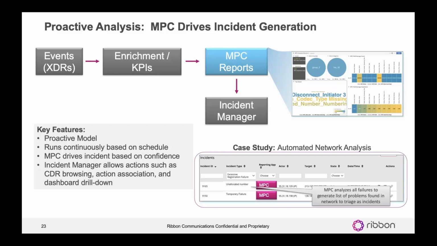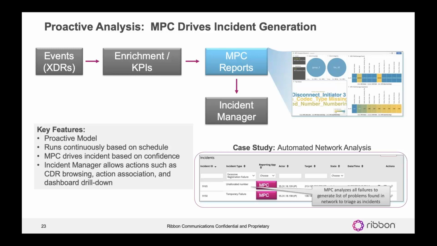Another case study that we reviewed, and we've done this a number of times, is where we've analyzed the network in just that way. If you think about call invites or being able to establish calls, there are a number of cause codes constantly going on, and various customers run their networks in different ways.